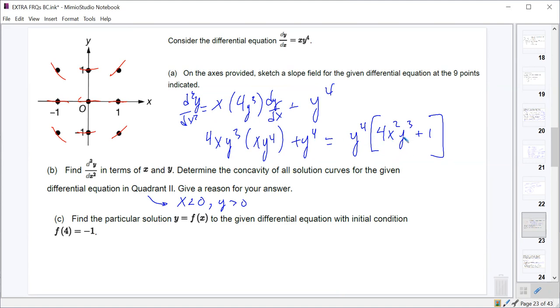So 4 times a positive is positive. Plus 1 is positive. This is a positive, so we have a positive number times a positive number, indicating that all of these solution curves are concave up.